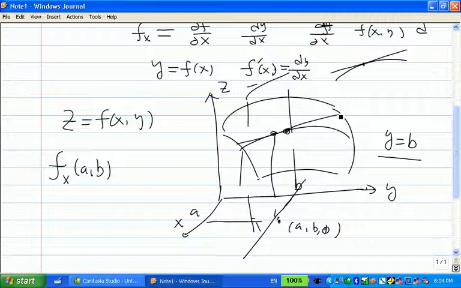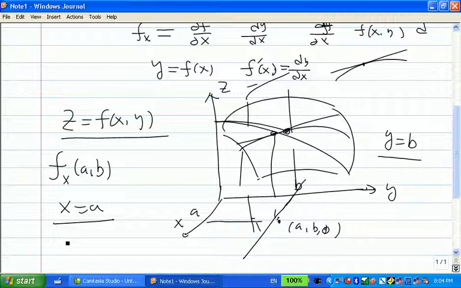Similarly, you can let x equal to a, which gives you another plane, parallel to the yz plane. This plane intersects your surface again and you get another curve.